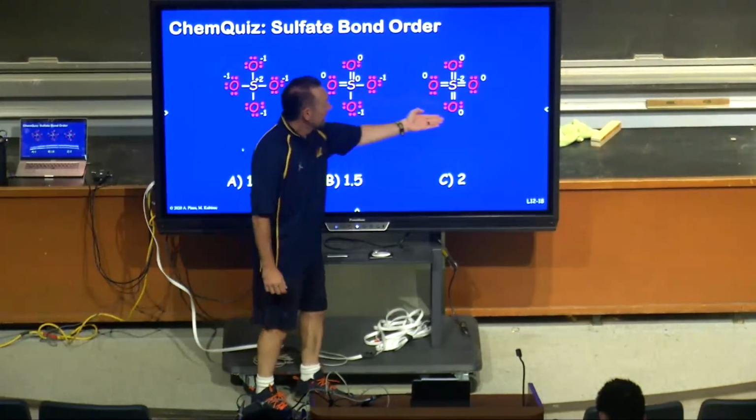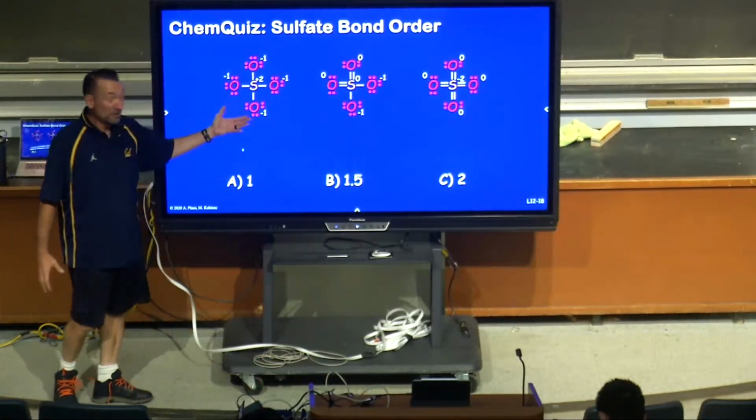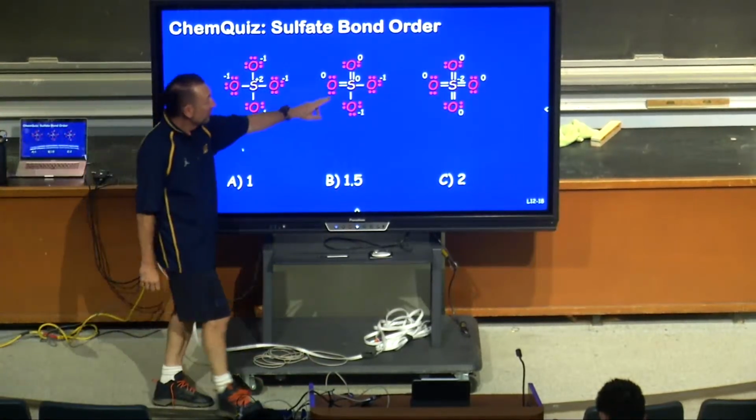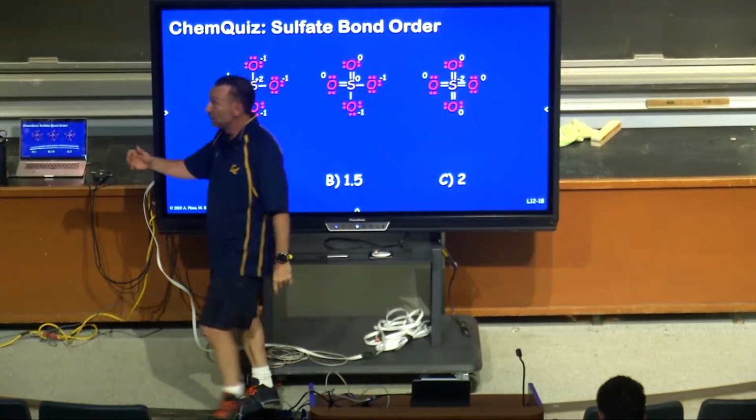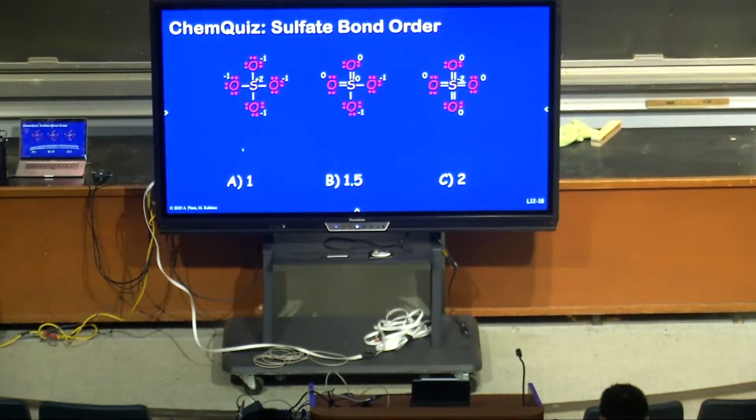So these are all more or less legitimate. You notice we're expanding the octet on sulfur, but we said we could do that when we get down into principal quantum level 3.